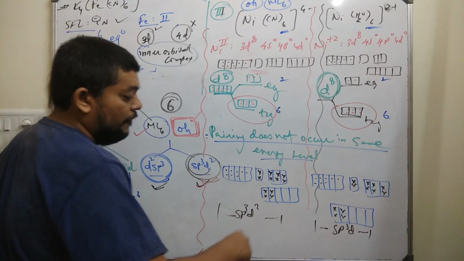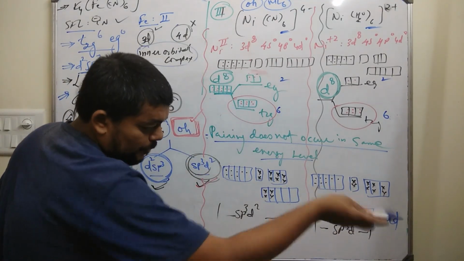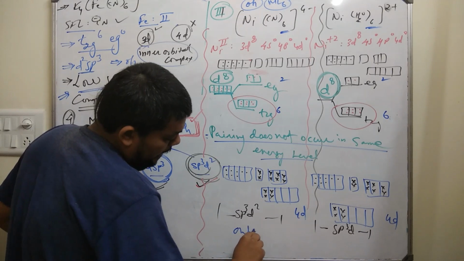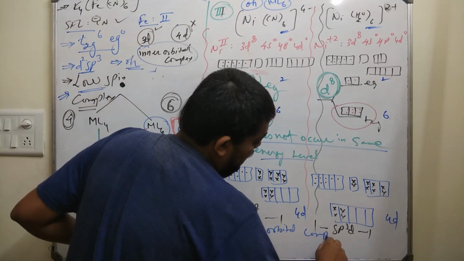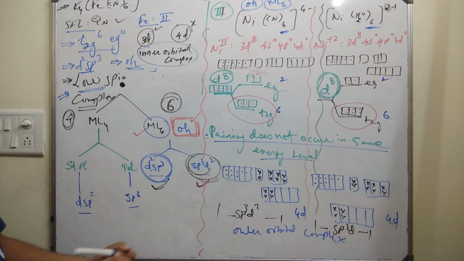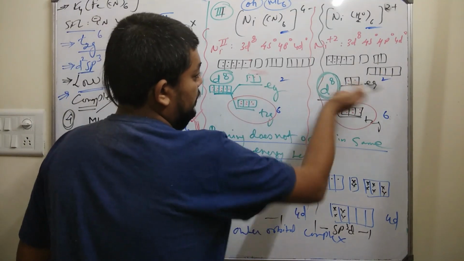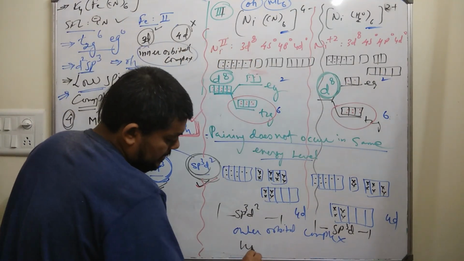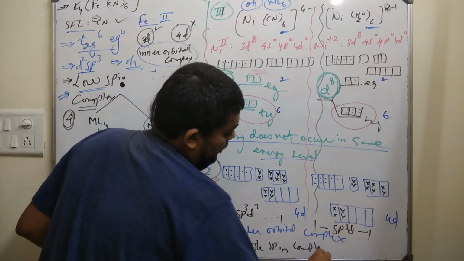As the 4d is used, I will always call both of them outer orbital complex. Over and above, apart from outer orbital complex, I am also going to say that as there are electrons in the higher state, it's a high spin complex.